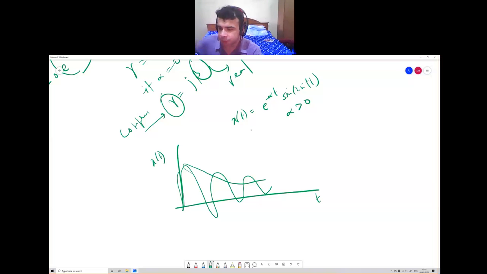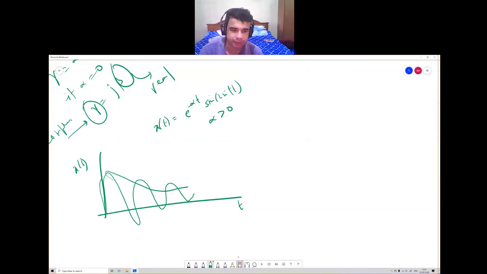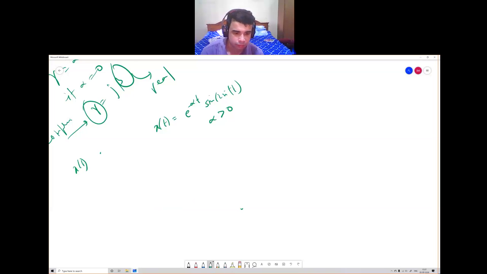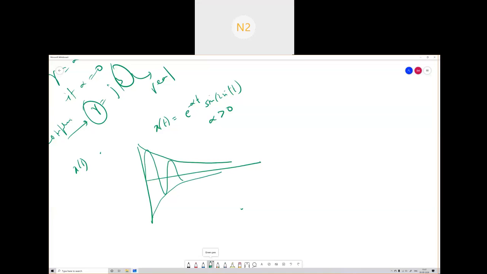But does it look like this exponential decay wave? Do you agree? The waveform looks something like this. Right? Something like this is the exponential decay with t.